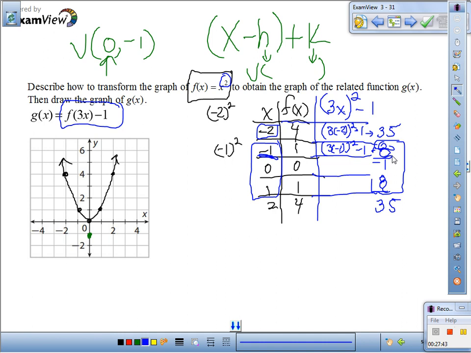Negative 1, positive 8. Zero, negative 1, we already have it. And 1, positive 8.